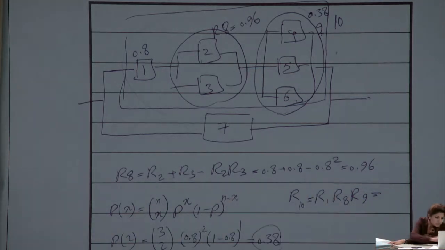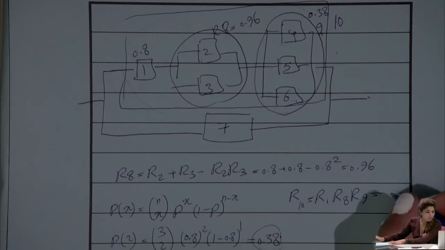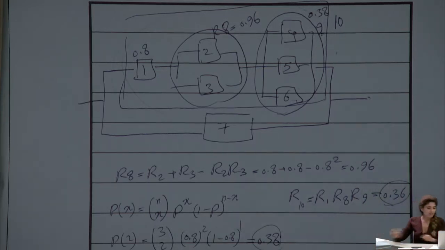0.36. Is that 0.36? I have things that are blocking this. Let's put 0.36, but you double check this number. It would actually be easy to see if this number is right using Excel if you have it handy, so we can multiply these numbers.